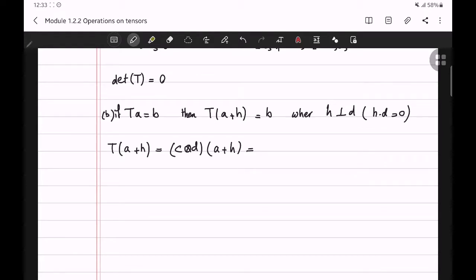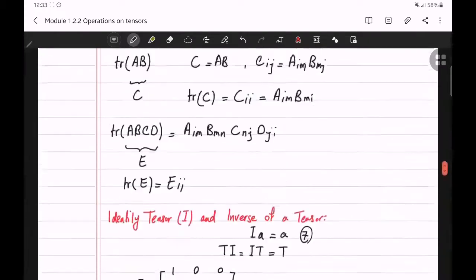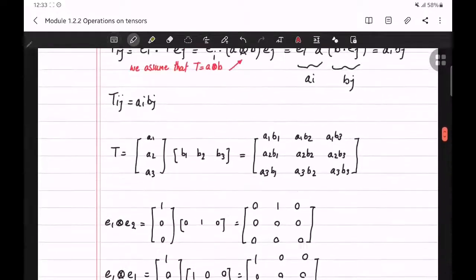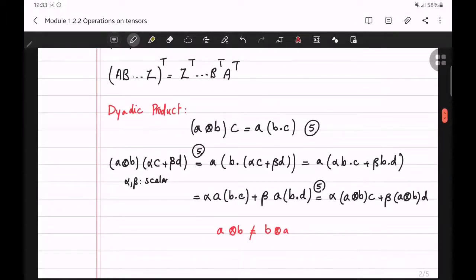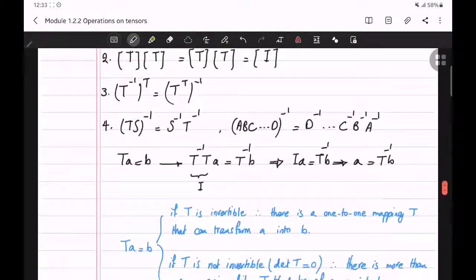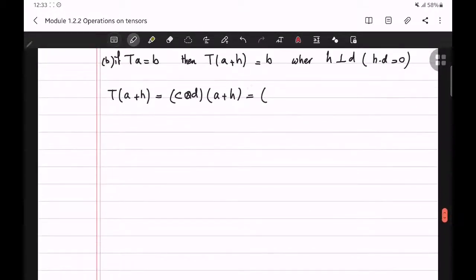And here we say that this is based on property number 5. So (A dyad B) C is A (B dot C). So based on 5, this is (C dyad D), and we have A here.